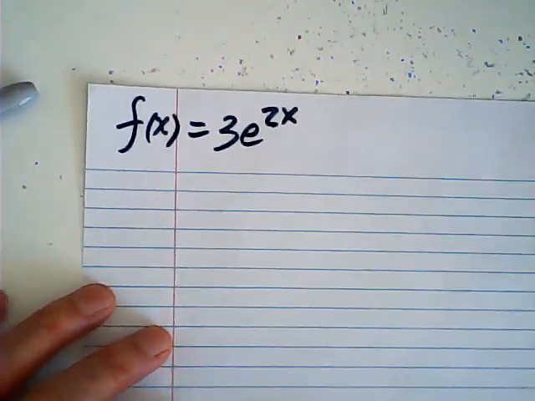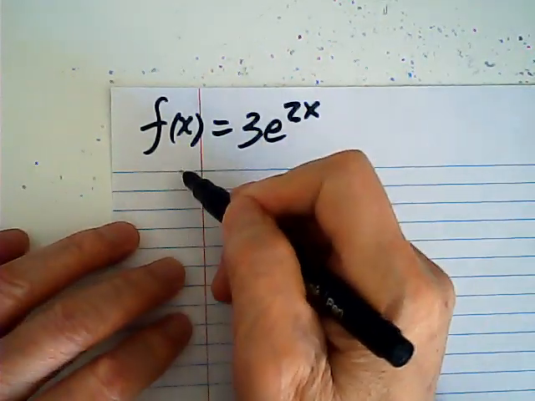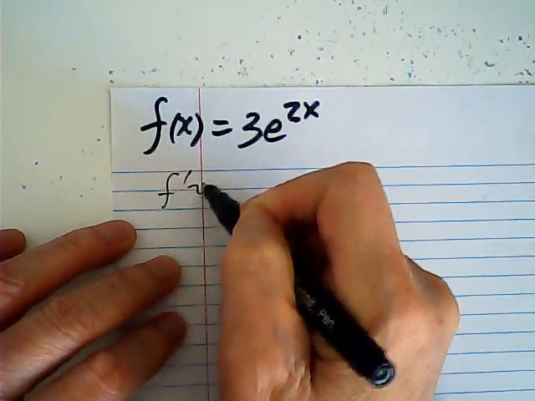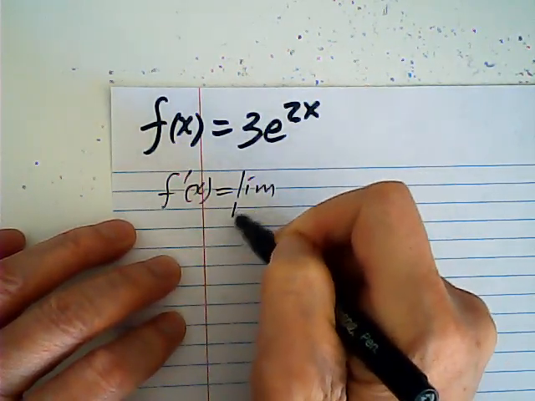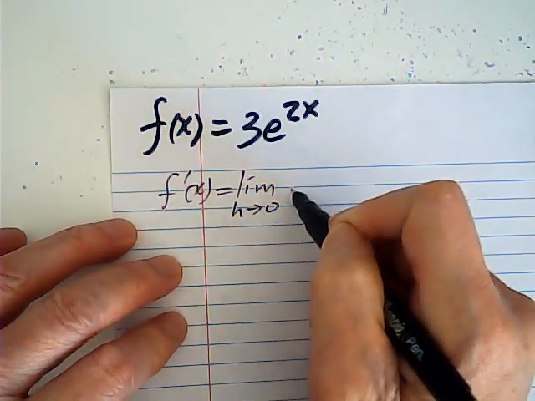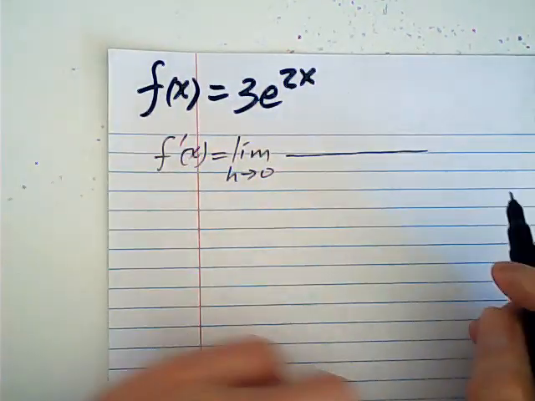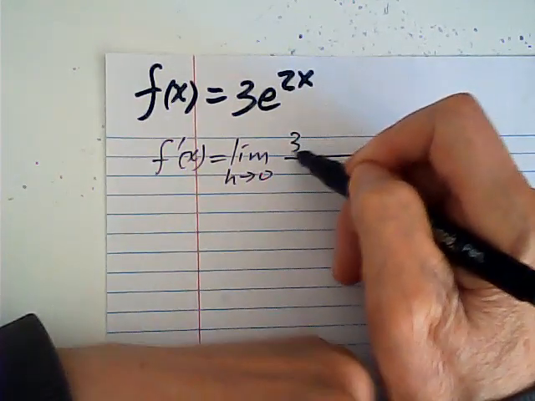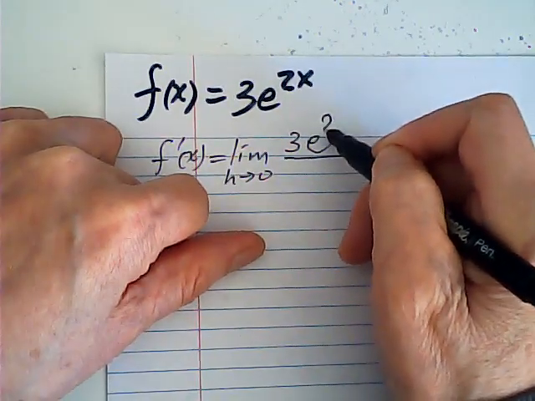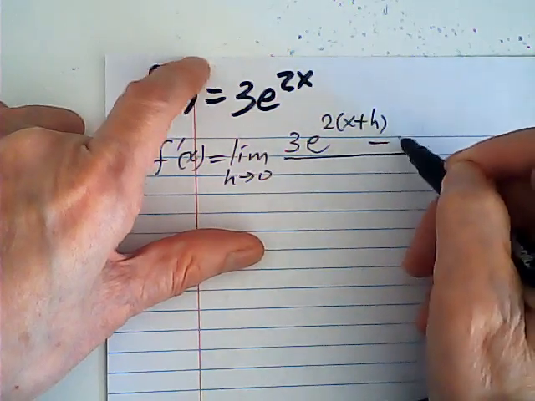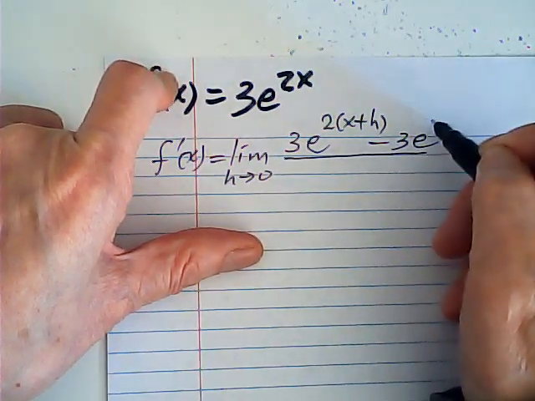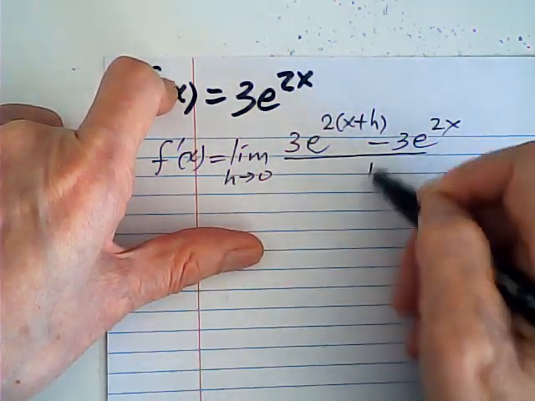Okay, that is the second one. The third one, this one. Now, the derivative of f of x is equal to the limit as h goes to 0, definition only, of 3e to the 2x plus h, minus 3e to the 2x, over h.